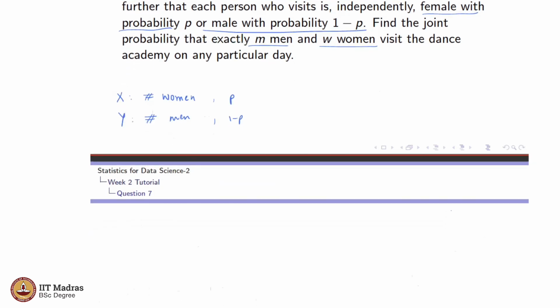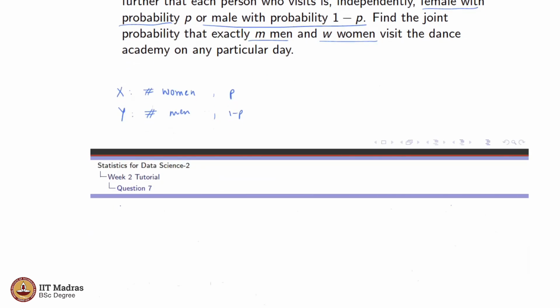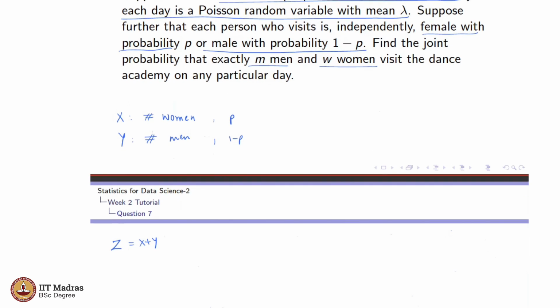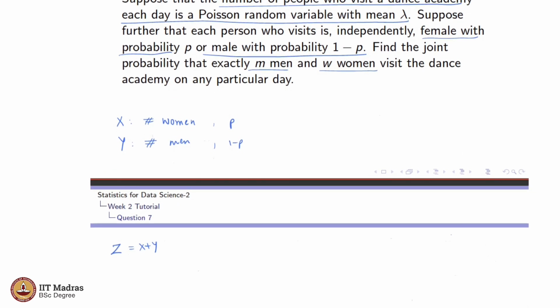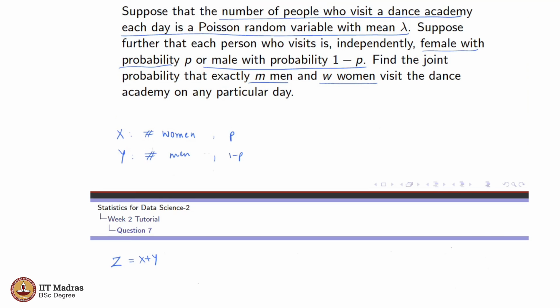What we have to find is, let us denote another random variable z that is equal to x plus y. So this denotes the total number of people who visit a dance academy each day. It is given here that the number of people who visit a dance academy each day is a Poisson random variable with mean lambda.